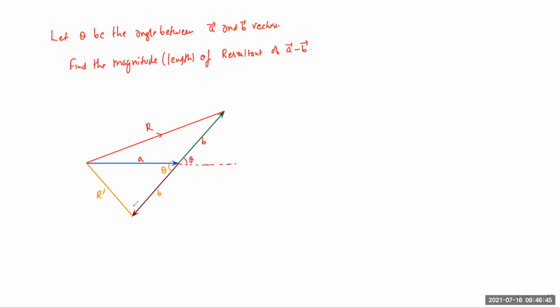The length is B. If I draw a perpendicular from here, this is my right angle triangle. For this triangle, in the lower triangle, this is B cos theta, and this is B sin theta.